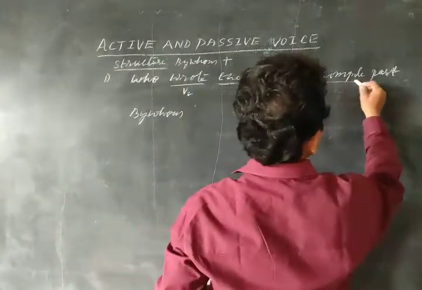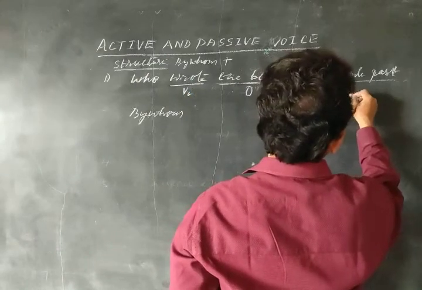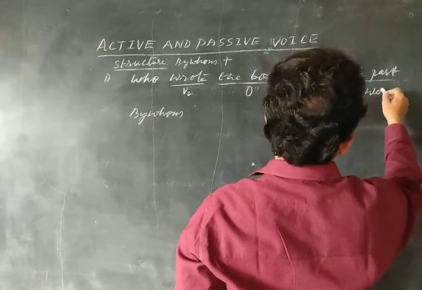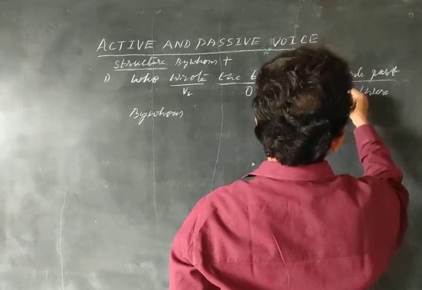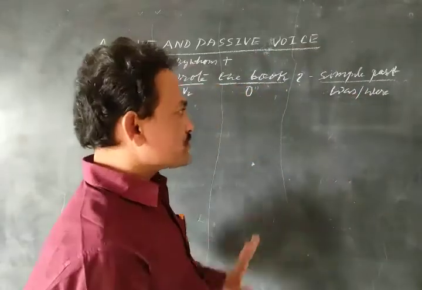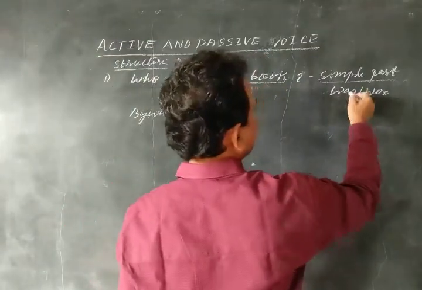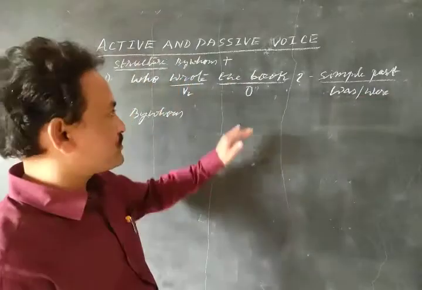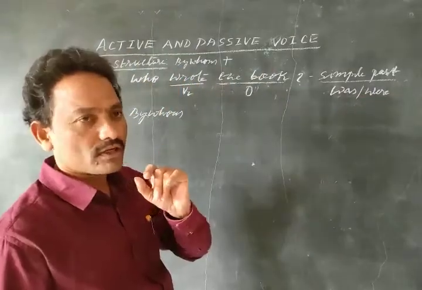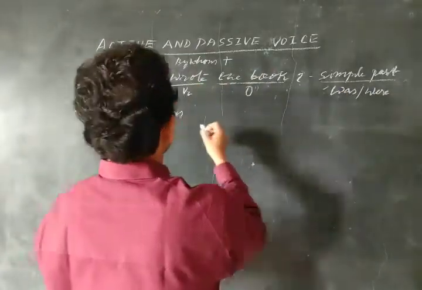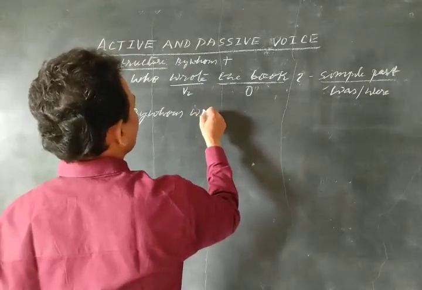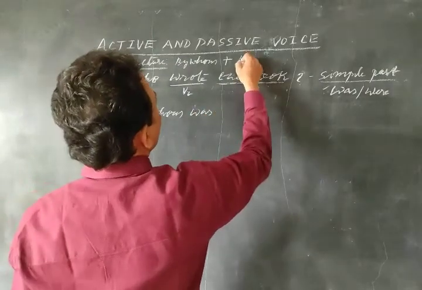Here, in simple past, was or were. The usage of was or were depends on the object. The book is singular, so was. By whom was. Here is the be form.